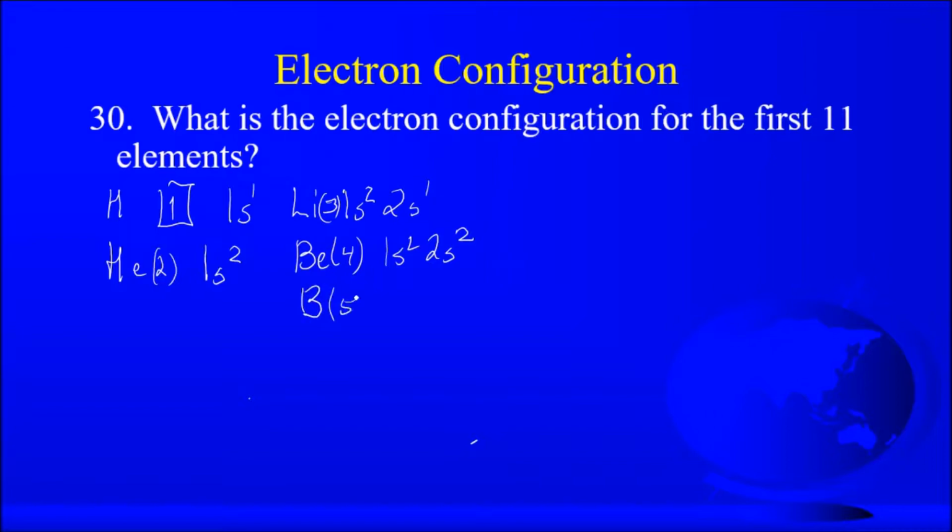Boron with number 5. Nope, because you can only have 2 electrons per room, and there's only 1 S room. 2s2. You are done with the first floor.